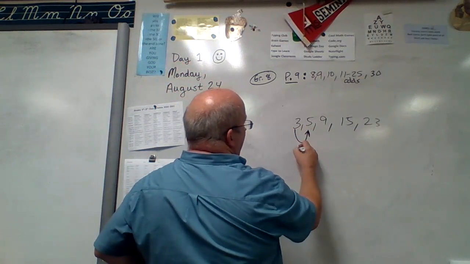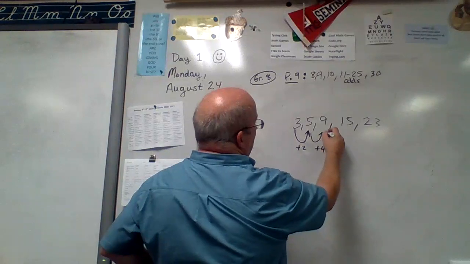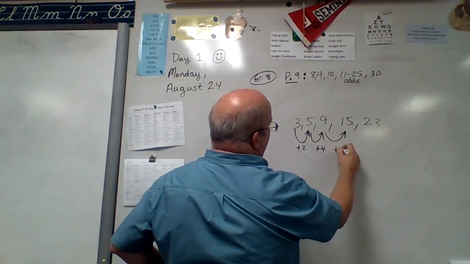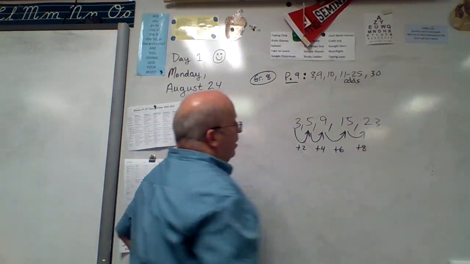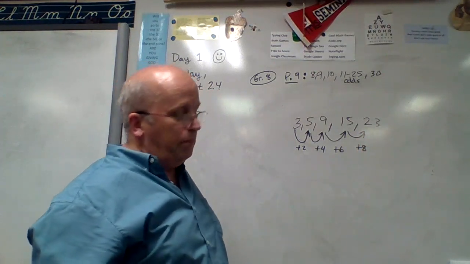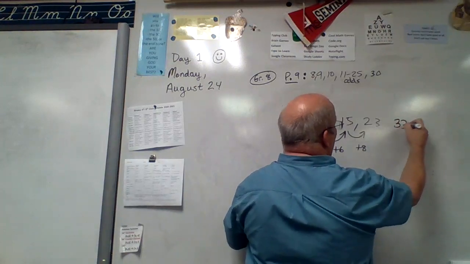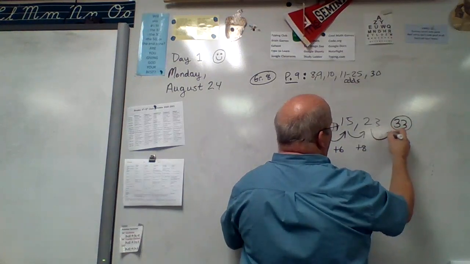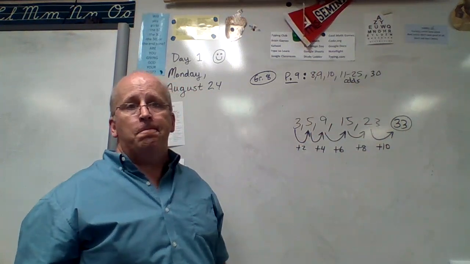How about adding 2, and then adding 4, and then adding 6, and then adding 8? If that's true, what's going to be the next number in the pattern? It has to be 33 because we have to add 10 to the number 23.